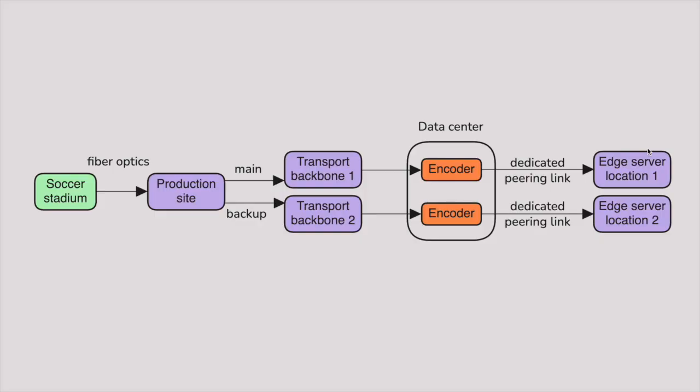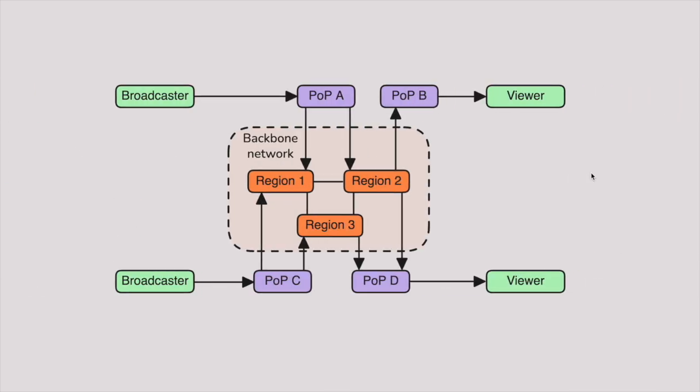In our case, on this diagram, you can see that once the data is encoded, it gets sent to our edge server locations. Again, it's all done through the dedicated peering links or just transport backbone between the core data center and the edge data centers. I think on this diagram, it's more clear the difference between the core data centers and edge. So in this case, you can see we have two broadcasters on the left and two viewers on the right.